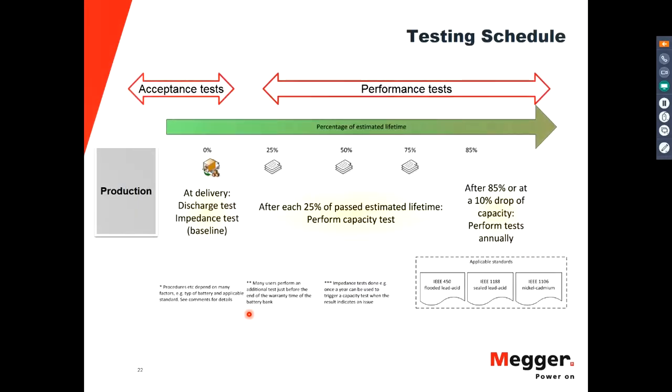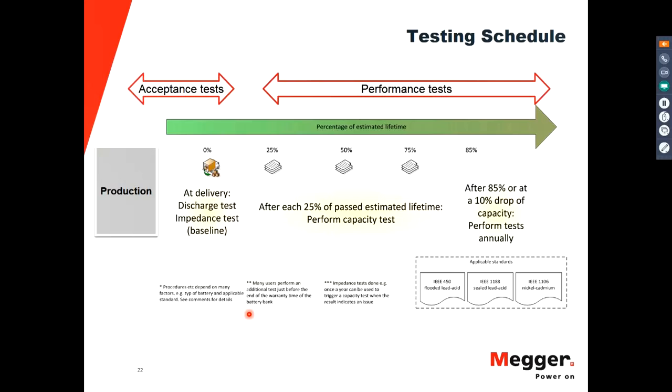So here's the slide that depicts the testing schedule. The idea is that you perform an acceptance test at the manufacturer's facility or at the site once it is installed, usually somewhere between installation and 6 months.